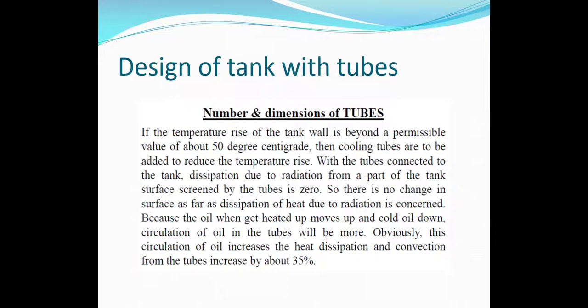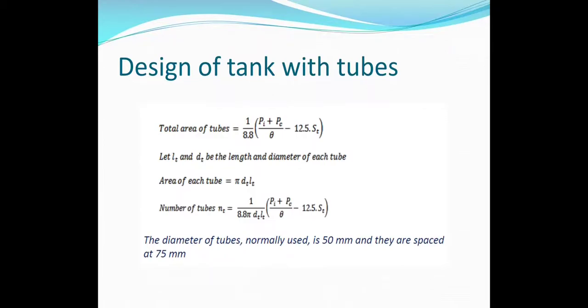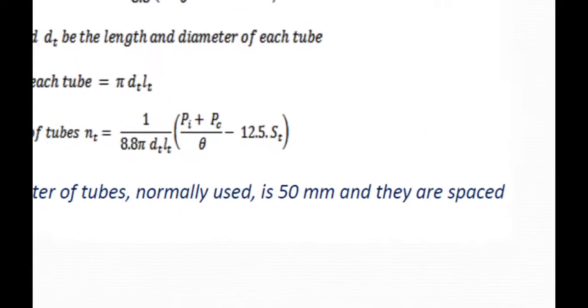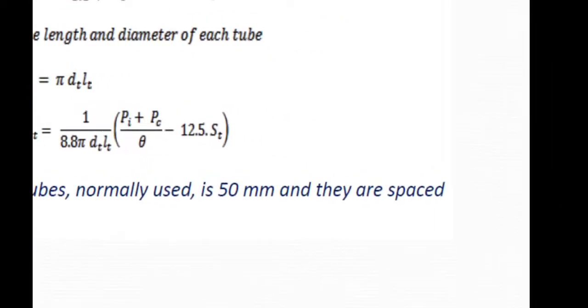And if we introduce tubes in a tank, the rate of heat dissipation will increase due to convection, and by that we derive the final aim, which is to find the number of cooling tubes, and this is given by this formula.